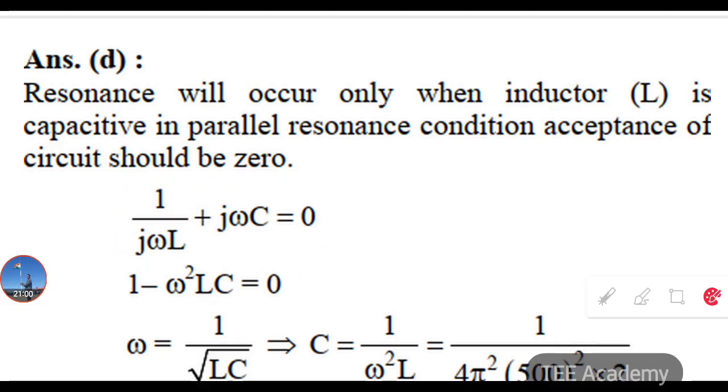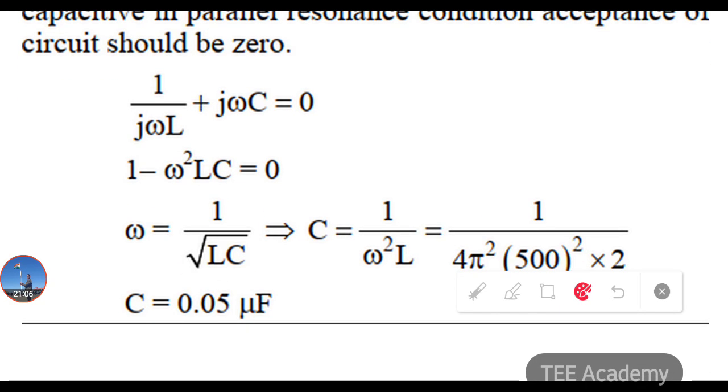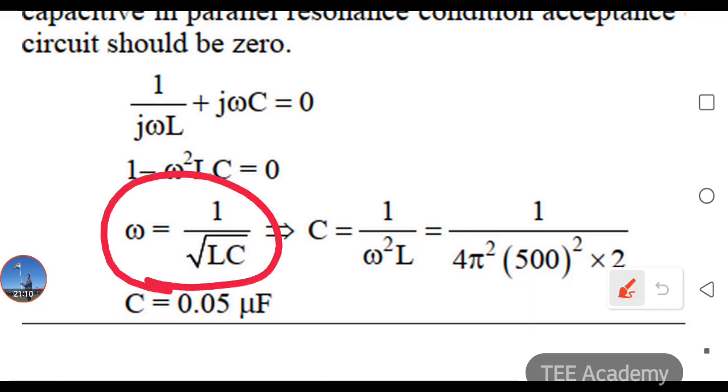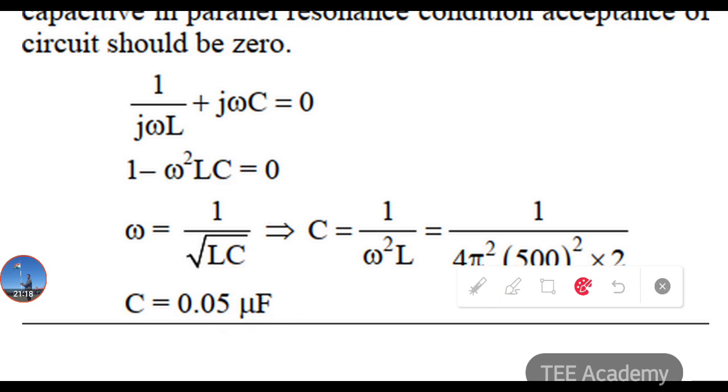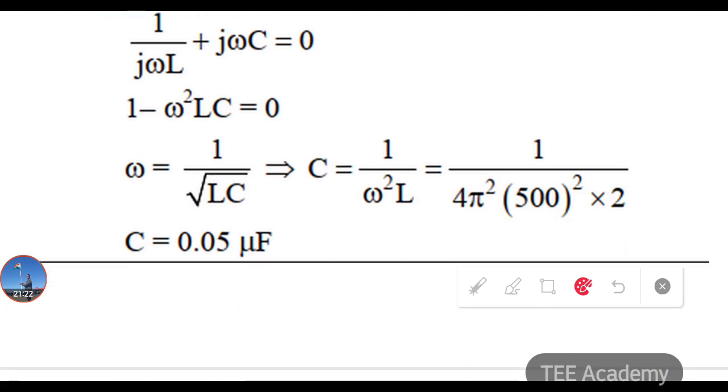It's a simple derivation only, there is no need to do any derivation. If you remember this formula, omega equal to 1 by square root of LC. Substitute the value here, you will get the answer as C is equal to 0.05 microfarads. So answer for this question will be D, 0.05 microfarads.